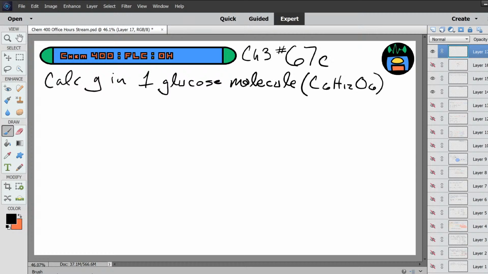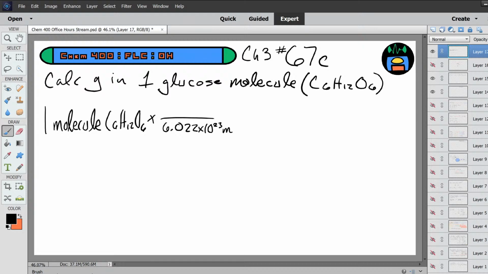So first we have one molecule of C6H12O6. And to convert from molecules to moles, we use Avogadro's number because 6.022 times 10 to the 23rd molecules are in 1 mole. All right.